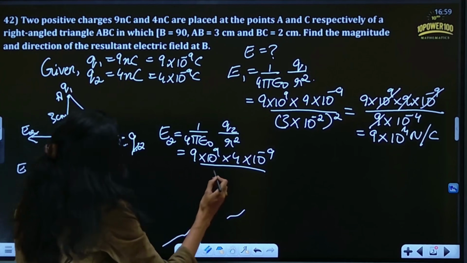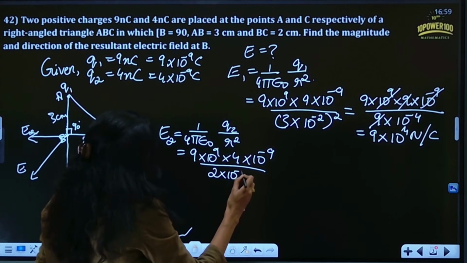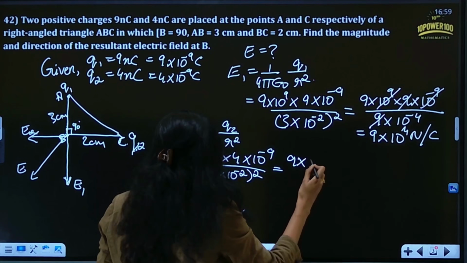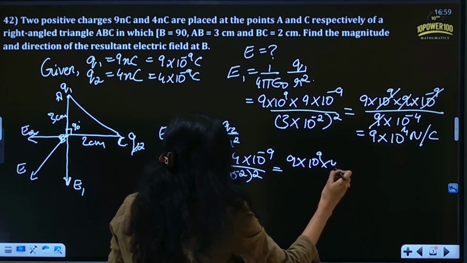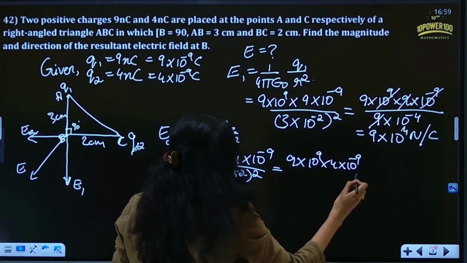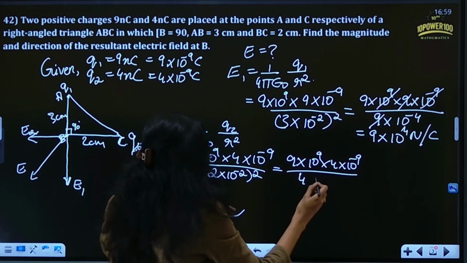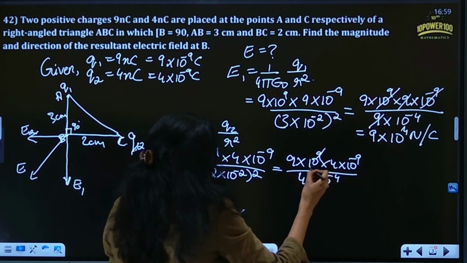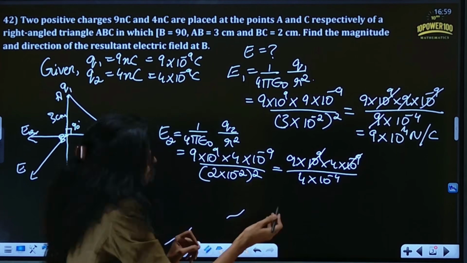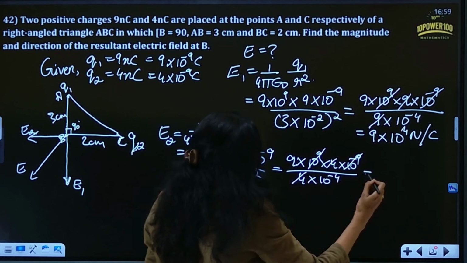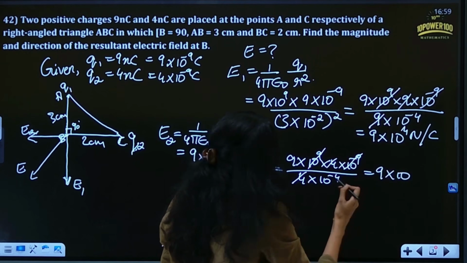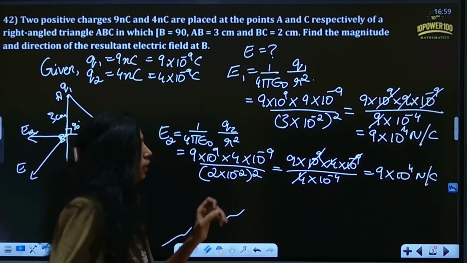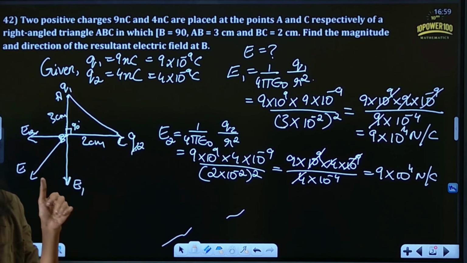BC is 2 centimeter, so 2 into 10 power minus 2, the whole square. 2 square is 4, and 10 power minus 2 square is minus 4. Now you can cancel 10 power 9 and minus 9, and 4 can be cancelled. Again you are getting 9 into 10 power minus 4, which if it goes up is plus 4 Newton per coulomb. You can see here E1 and E2 are equal.